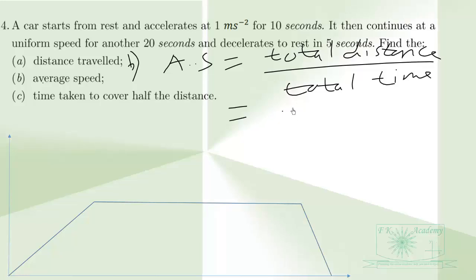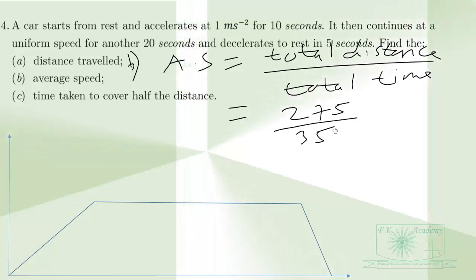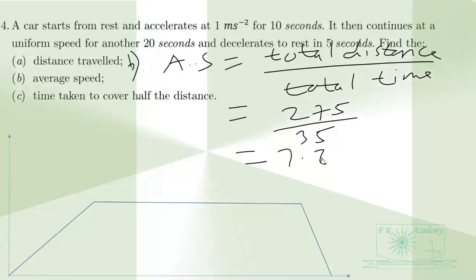Total distance was 275 meters over total time 35 seconds. And that will give us 7.86 meters per second.